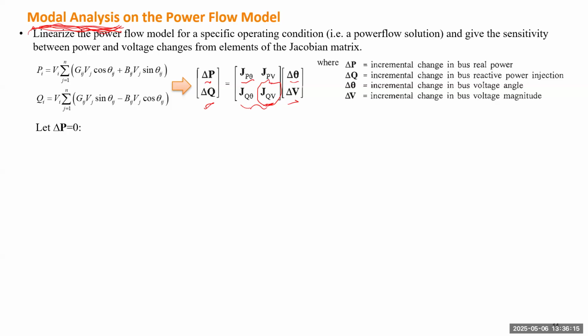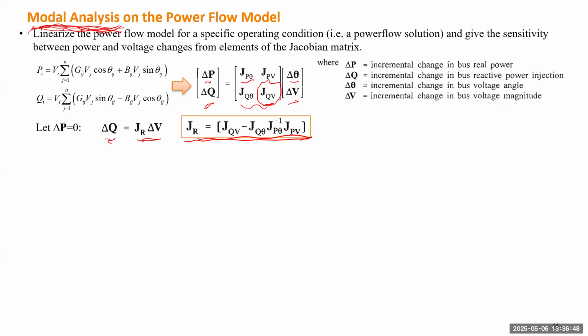So if we study the voltage stability for a specific loading condition, we can assume the delta P is 0. It doesn't change for the active power. So now the reactive power delta Q will be equal to JR, a Jacobian, multiplied by the change in the voltage as a vector. So JR here can be easily proved. That one can be calculated from here.